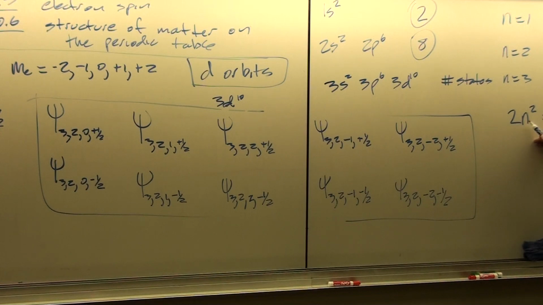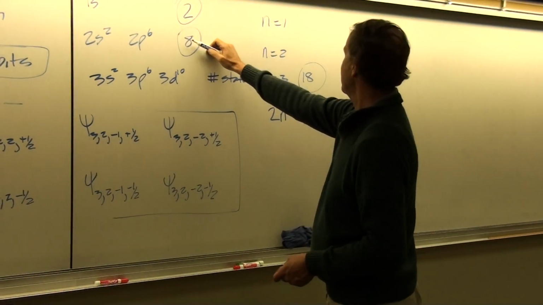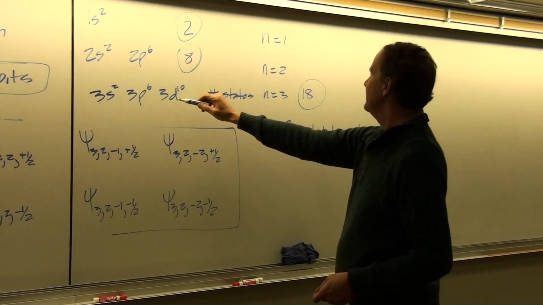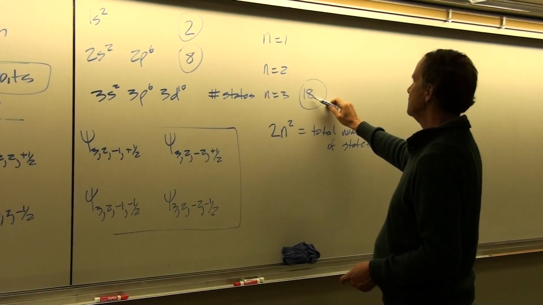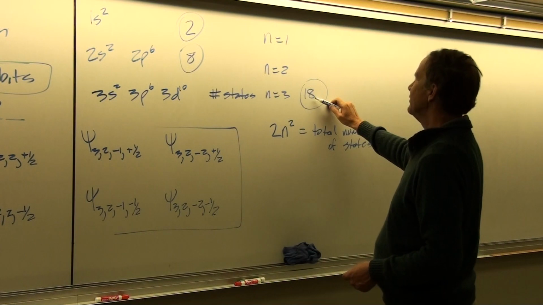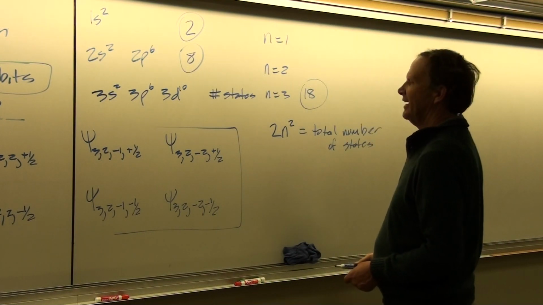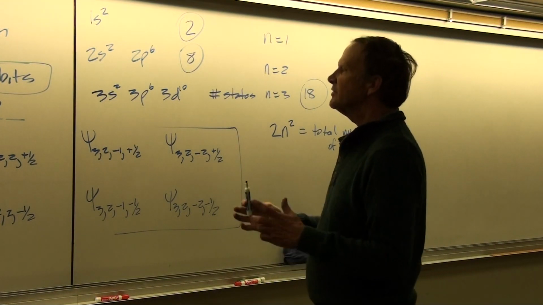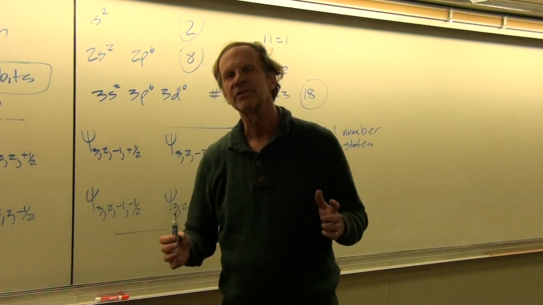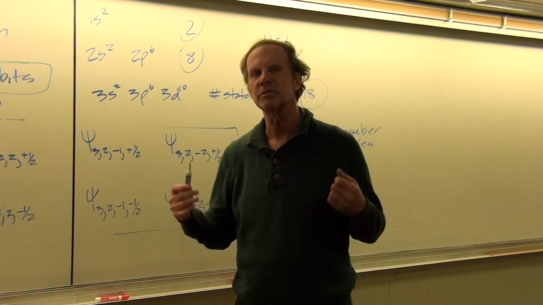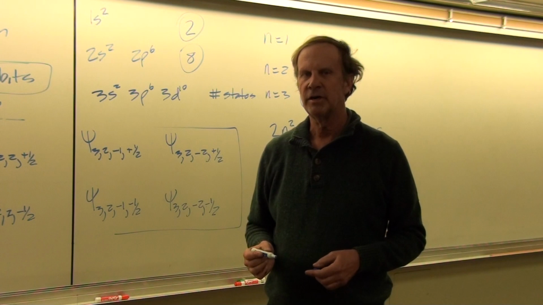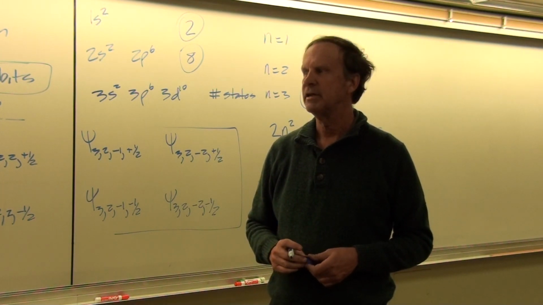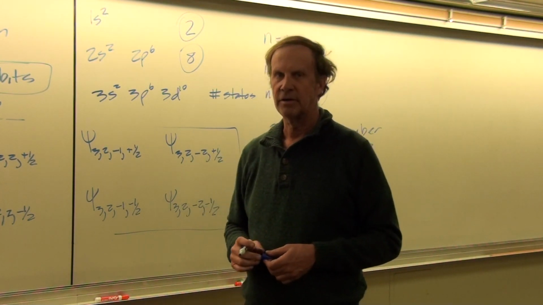For n equals 2, this will be 2 times 2 squared, which is 4, and 4 times 2 is 8. And for the n equals 3 state, this will be 2 times 3 squared, which is 9, and 2 times 9 is 18. So this fills out the structure of the periodic table in terms of allowed quantum numbers that we get from solving the Schrodinger equation.